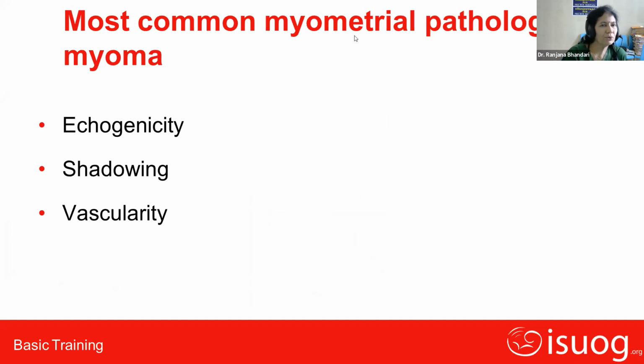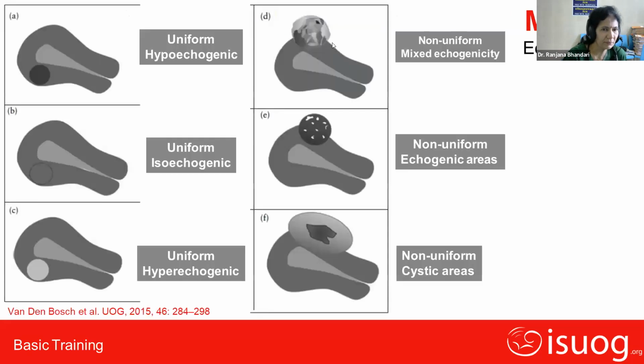Now, when we come to the common pathology of myoma, we have to describe it in many categories, which are written in the MUSA, that is Morphological Uterus Sonographic Assessment. First is echogenicity, second is shadowing, and third is vascularity.